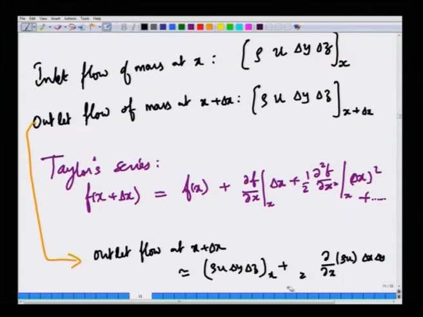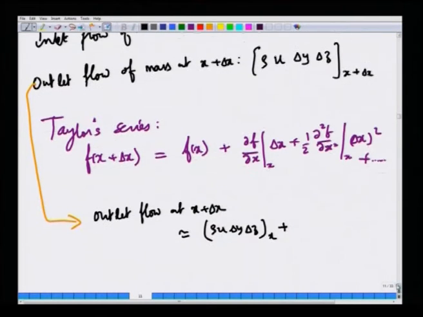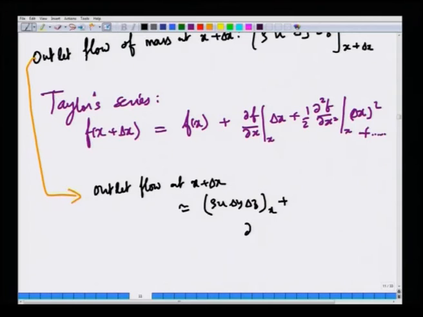So let me make some space here. Okay, so plus partial by partial x of rho u at x times delta y delta z times delta x, because the Taylor expansion is only with respect to x, so we will pick up a delta x here.